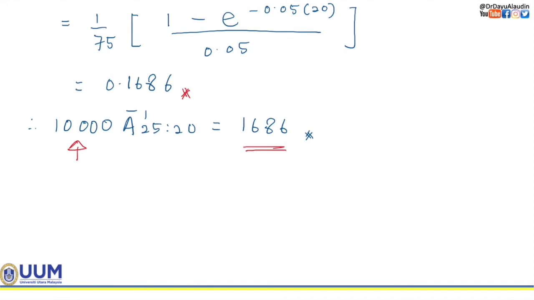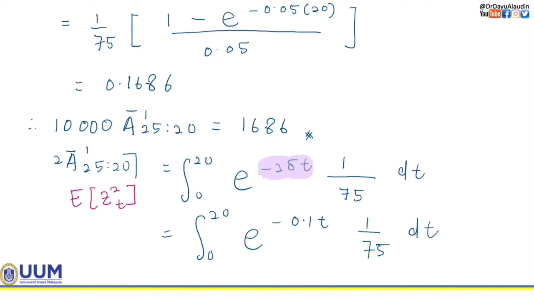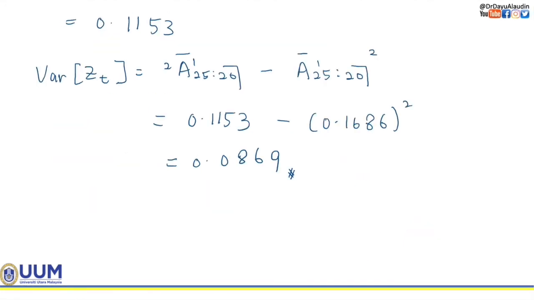Let's say we want to find the variance. So first, we find the E of Z squared T. The difference from the previous one is only the discount function, where it becomes e negative 2 delta T. And we get 0.1153.